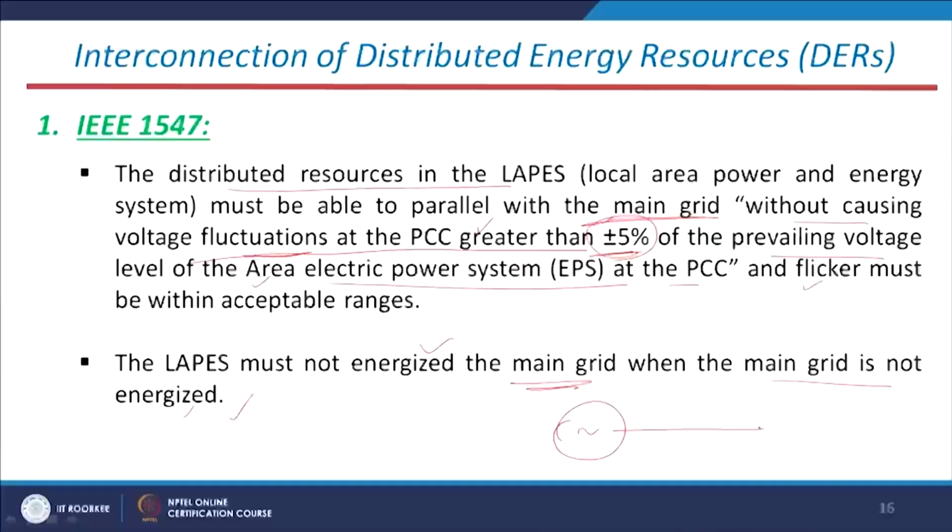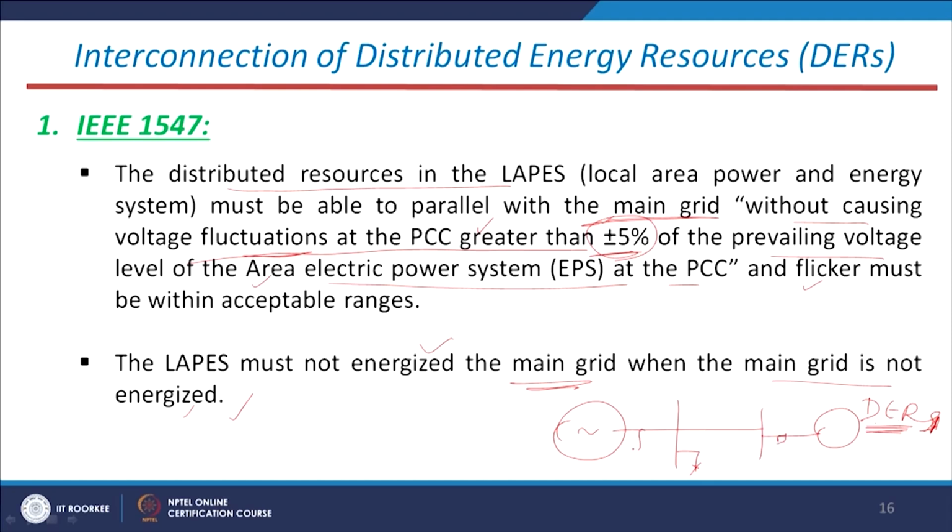Upstream fault means, if this is my grid and these are some loads, and here one DER is connected. DERs means distributed energy resources. So, one DER is connected to the main grid.